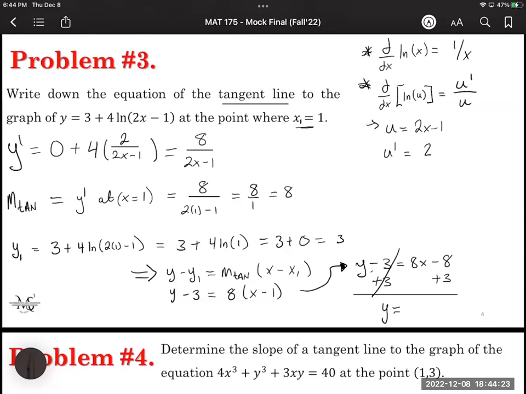So this gives us y equals 8x minus 5. Any questions?